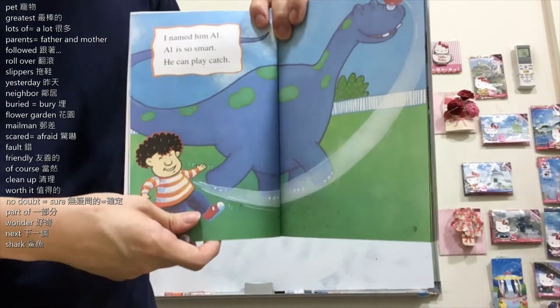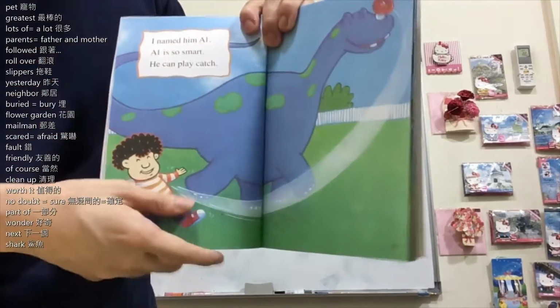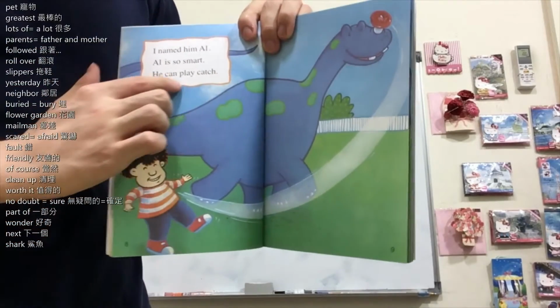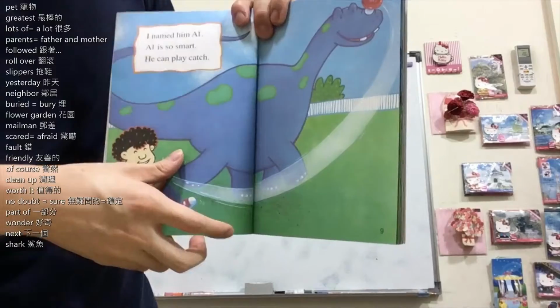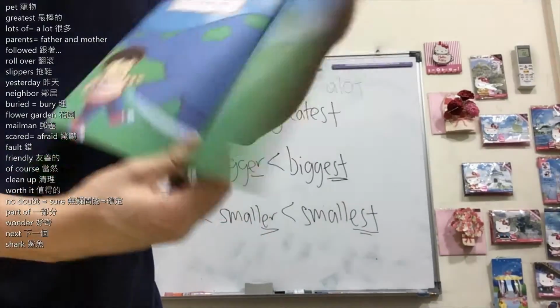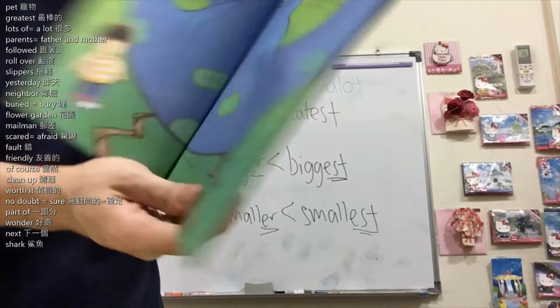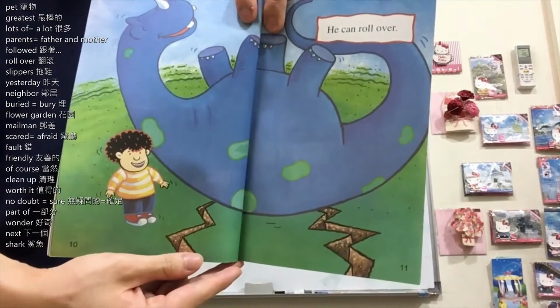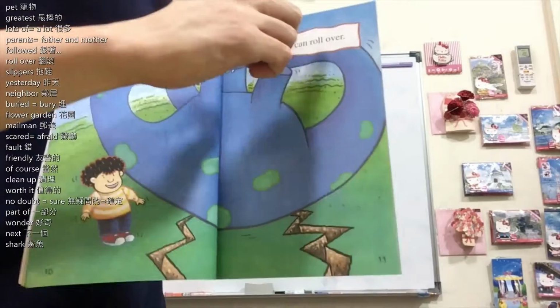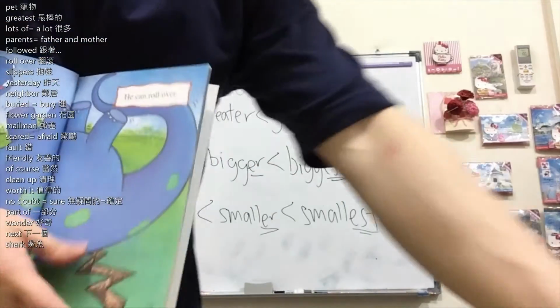So we know that the dinosaur is smart and he can play catch. He can roll over. This is a new phrase, roll over.